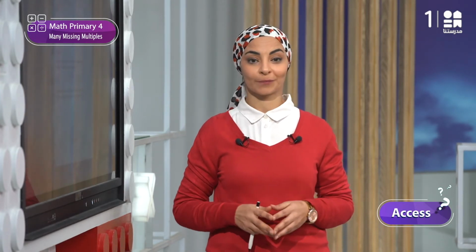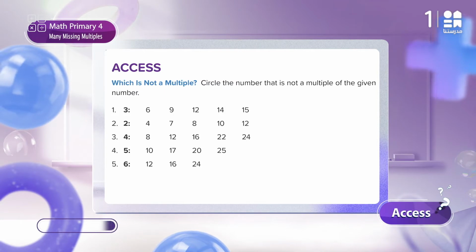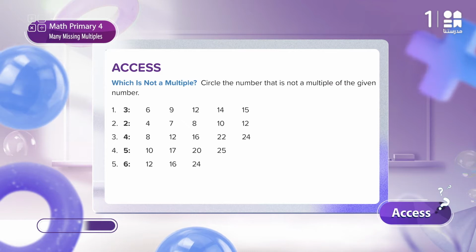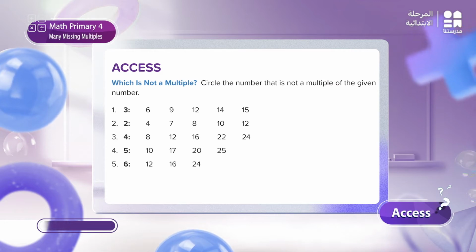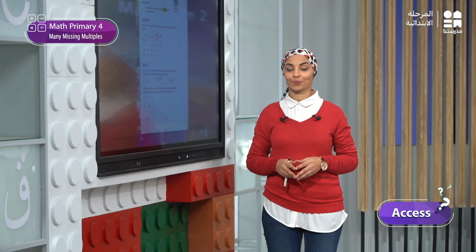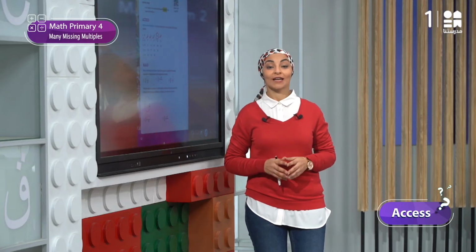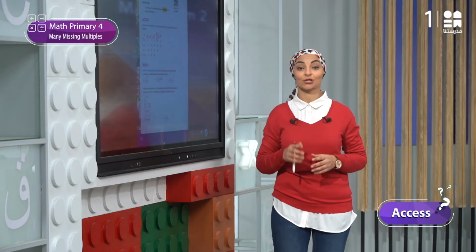Now I'll give you some time to solve problem 2 and 3 and we will discuss the answers all together when you are back. And now after you have finished, let's solve and review your answers together.